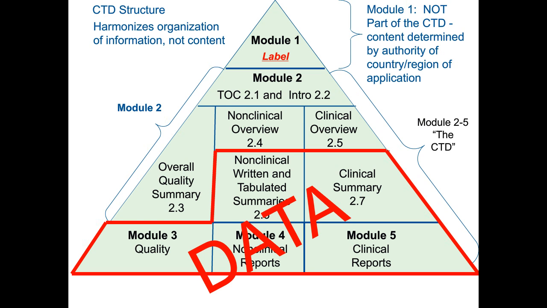And that's where the original reports, the CSRs for clinical, the stability reports for quality, and the toxicology reports for non-clinical exist. Modules 2.6 and 2.7 are distillations, but it's still largely data. So that's where the data resides.